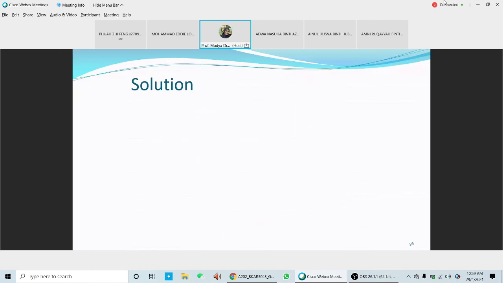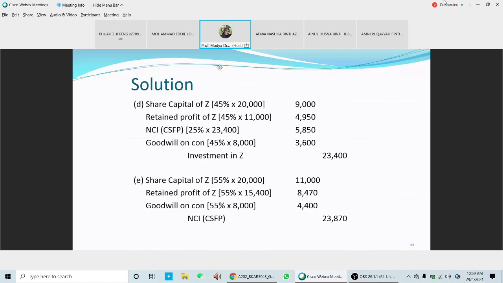So 45% here, share capital 45, 45 here. Goodwill also 45%, and the investment 23,400. Okay, this one you have to be careful. This one you need to exclude the NCI.